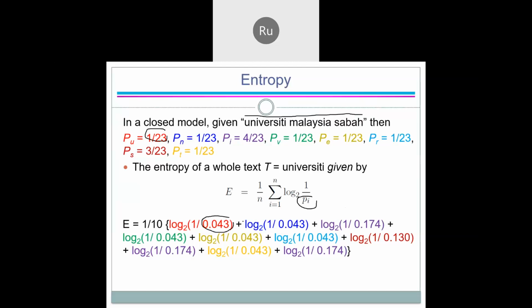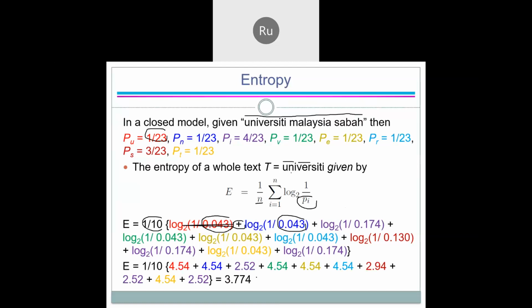We add up with n, which is this one. We add up all together, then we take the average. We have 10 symbols here.